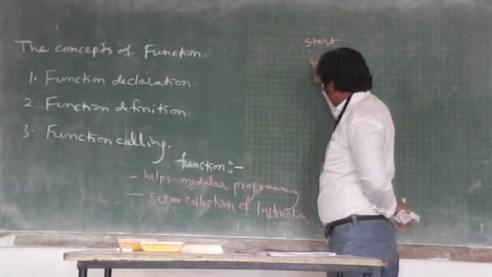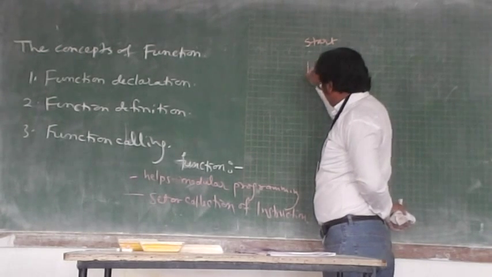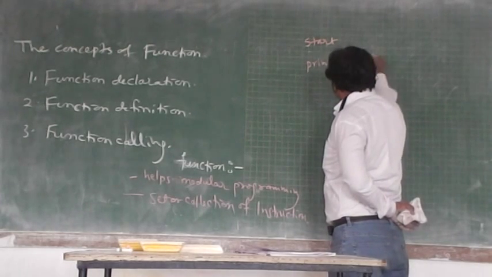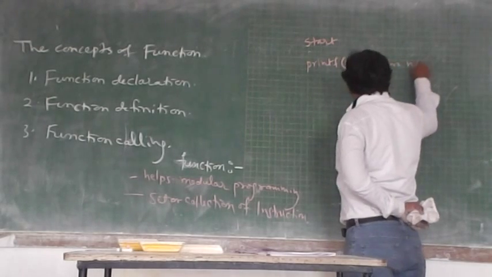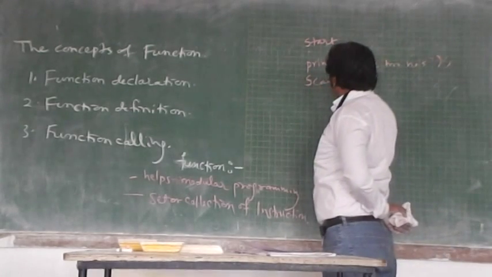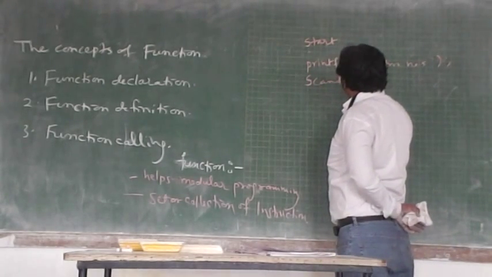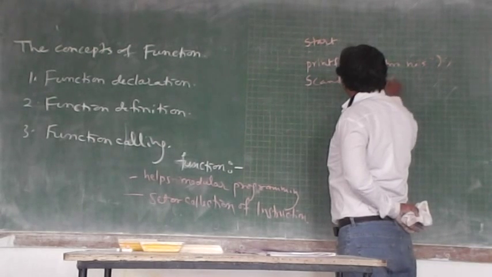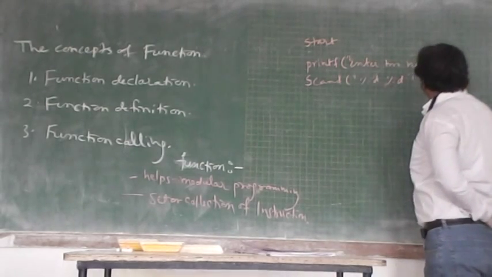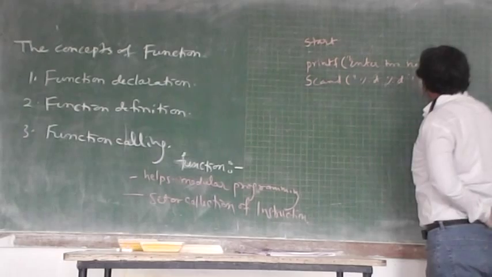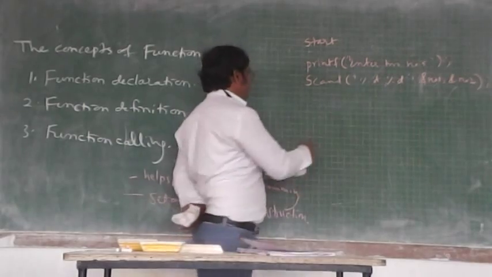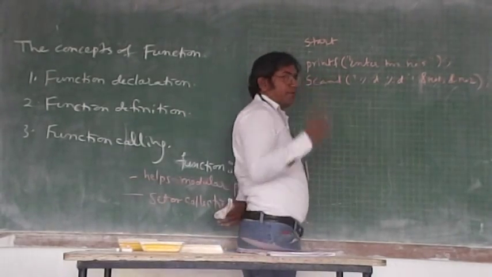What I am doing, I am entering two numbers. Scan it. Number one, number two. Two numbers here I have taken. I want to find the maximum number, okay?